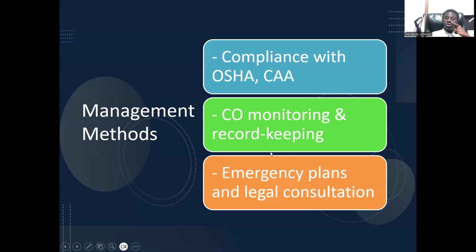They must also make sure that the amount of carbon monoxide that workers are exposed to hourly is recorded. And then there must also be emergency plans and legal consultations. This is to ensure that whenever there is an outbreak, the workers can easily be evacuated. And the legal consultation has to do with making sure that they are in alignment with the law and the regulations put in place by the OSHA and the CAA, which is the Clean Air Act.